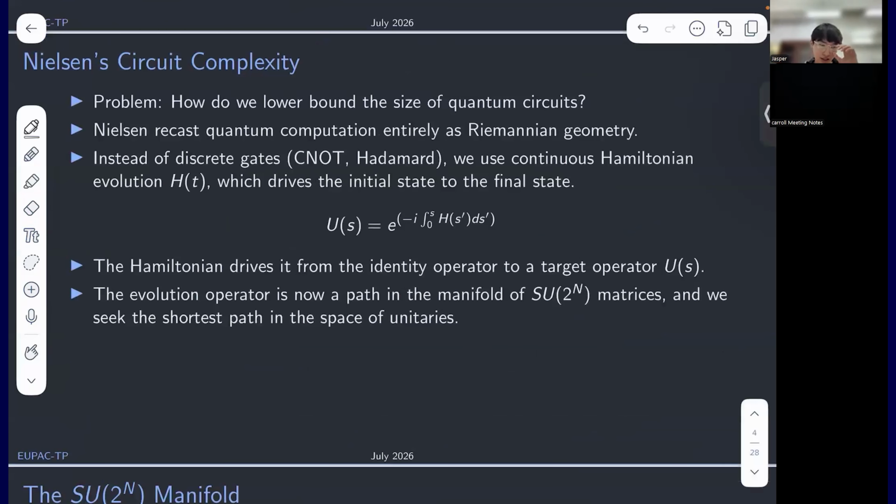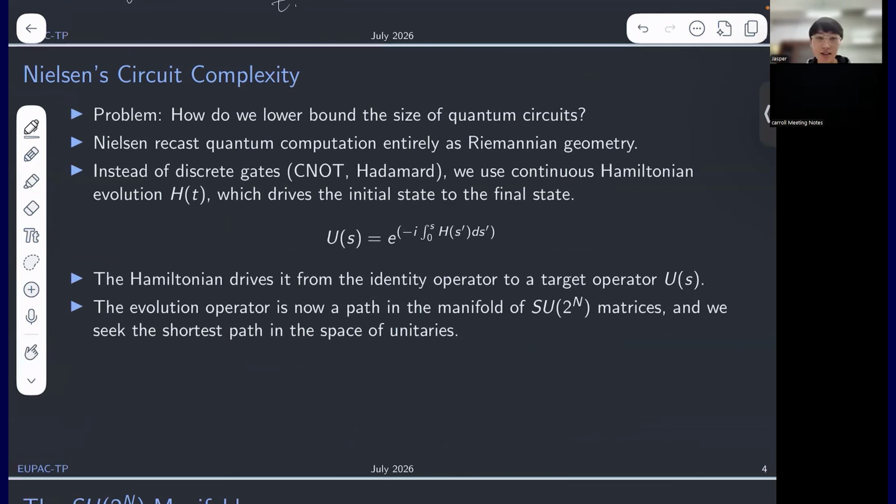Around 2005, I believe, Nielsen and his colleagues came up with an idea. This idea comes from a question in quantum computing: what is the minimum number of small gates that we need to form a quantum circuit?